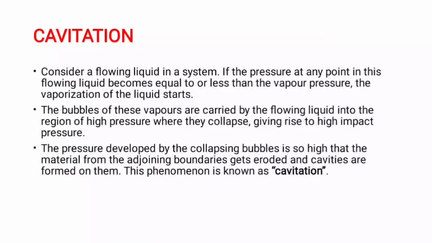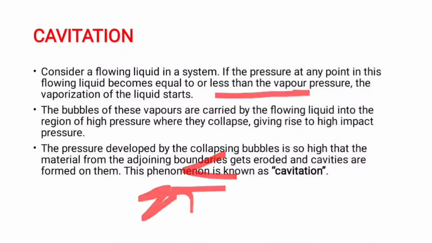Consider a flowing liquid in a system. If the pressure at any point in this flowing liquid becomes equal to or less than the vapor pressure, the vaporization of the liquid starts.